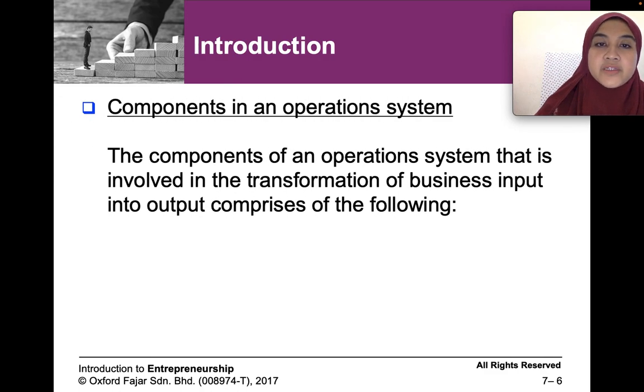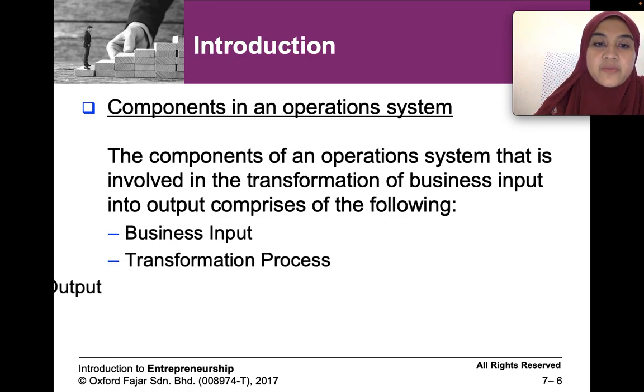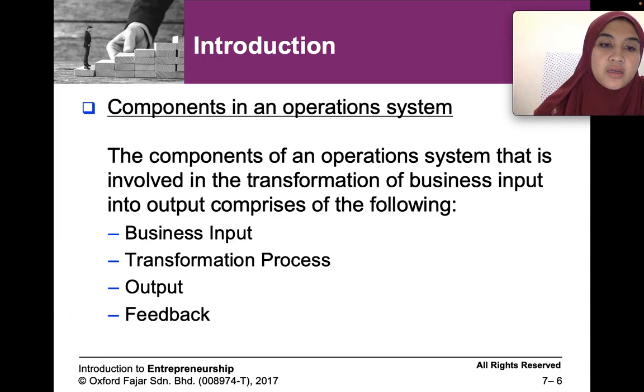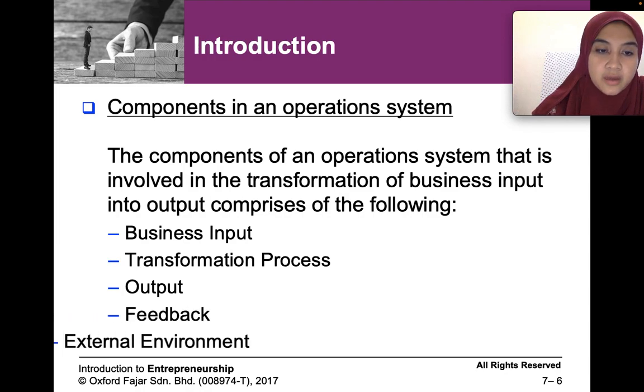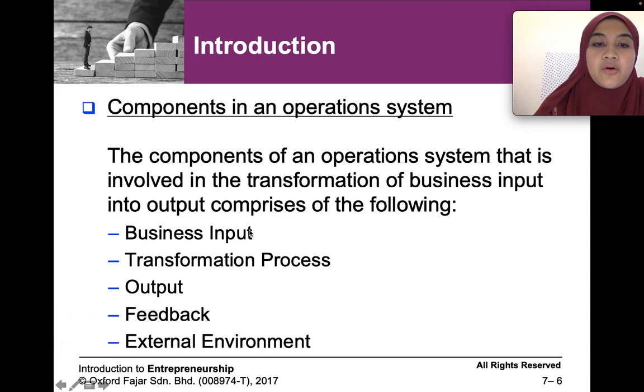Okay, so the components in an operation system. The components of an operation system that are involved in the transformation of business input into output comprise the following. As I mentioned earlier, there is the business input, or the raw materials, and the transformation process, which is the process to transform the raw material into the end product.